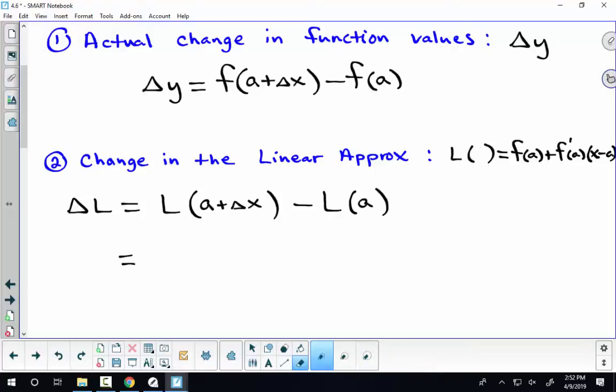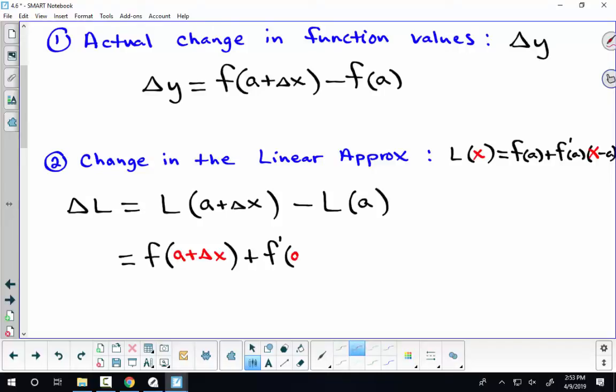So we input a plus delta x in for x right there and get f of a plus f prime of a plus delta, or sorry, I told you not to do this and I just did it.